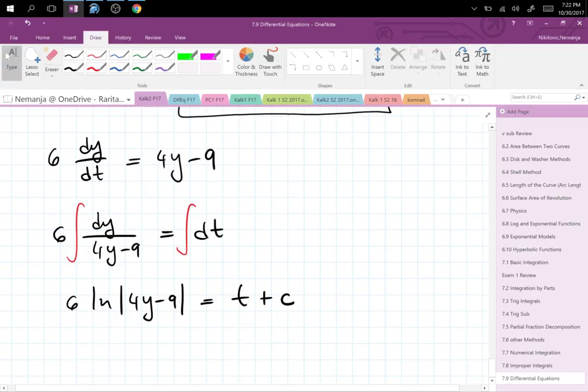We can divide by 6 on both sides, so ln of 4y minus 9 is equal to 1/6 t, and then this 1/6 will be absorbed by the constant.